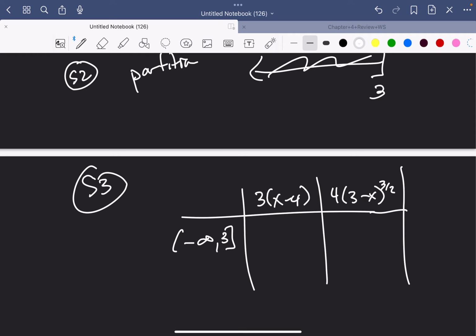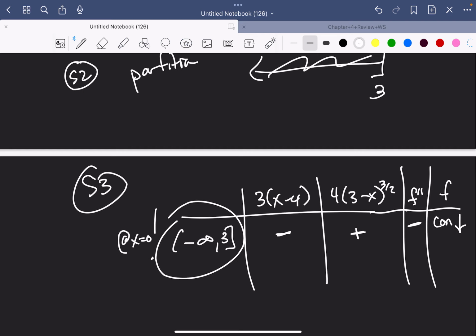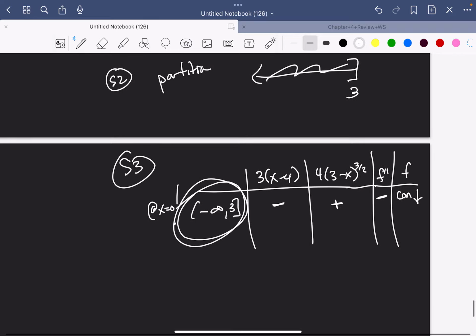So if you put in anything, and I think x equals 0 is a great choice anytime you can, that's going to tell us about this, which tells us about this. If you put in 0, you're going to get a negative, and in here you're going to get a positive. And so the second derivative is negative. That means f is concave down everywhere, right?